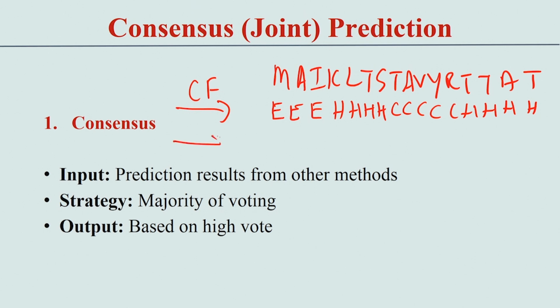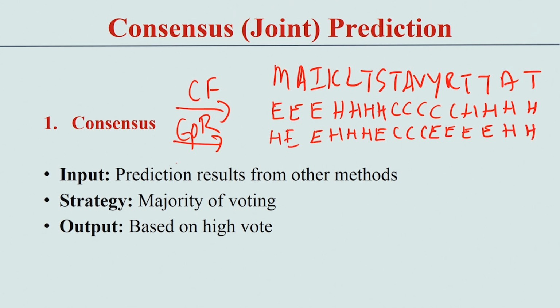Then we use GOR and we get the secondary structures. For example, it will give you something like this. Then we use a profile and multiple sequence alignment, and we use the neural network, and we get the values. Then compare these values.